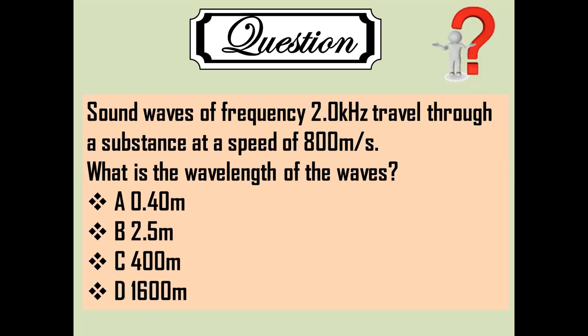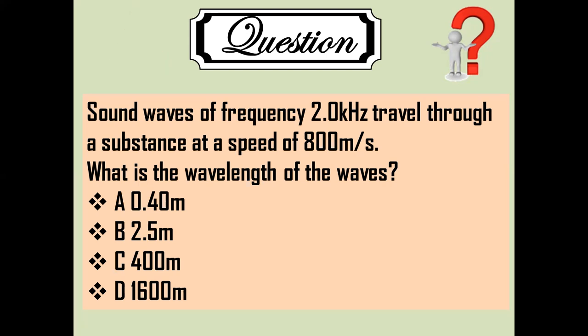Sound waves of frequency 2 kilohertz travel through a substance at a speed of 800 meter per second. What is the wavelength of the waves? Here, the speed unit is meter per second, so we should represent the frequency in hertz. So the kilohertz will be converted into hertz by multiplying by 1000.